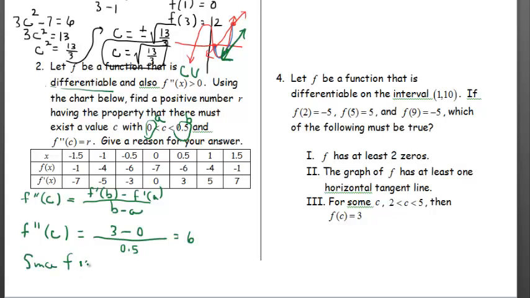Since f is differentiable, the MVT applies. And I probably would write this whole expression down again, but since my work is there, I think we're covered. So I'm just going to go straight to what they wanted me to find.